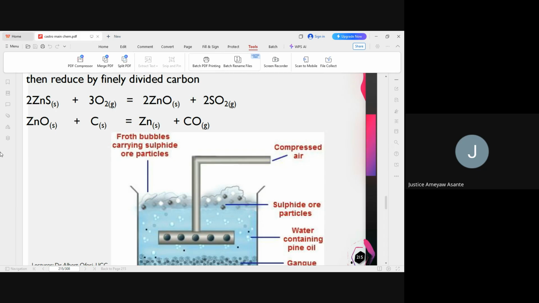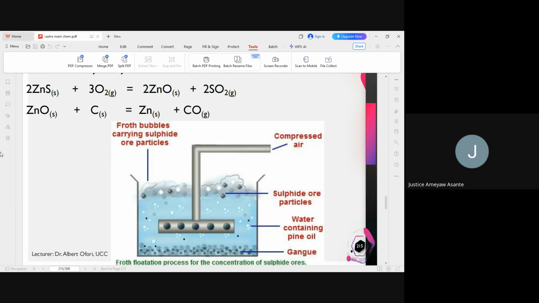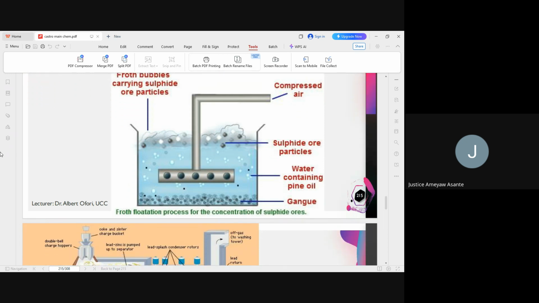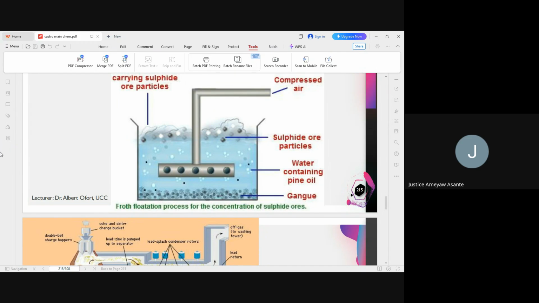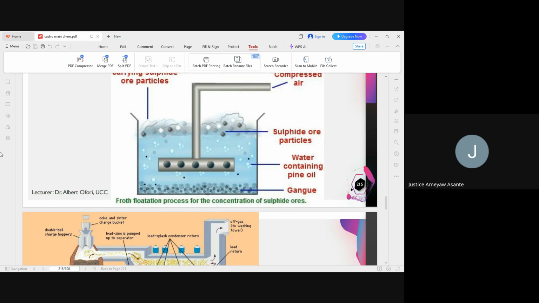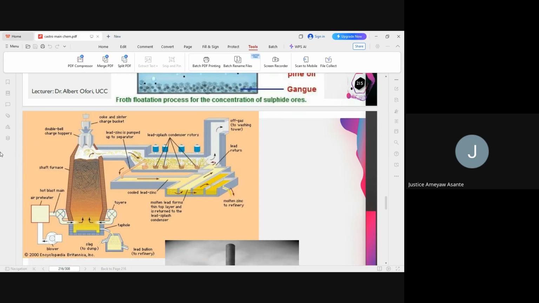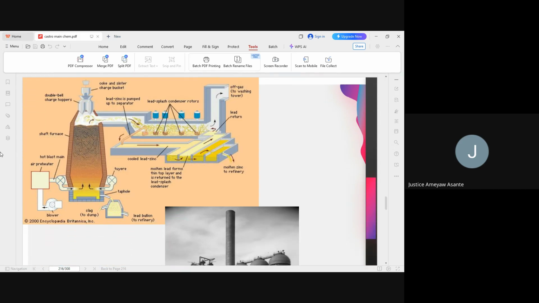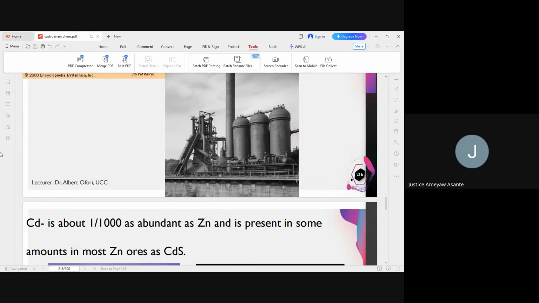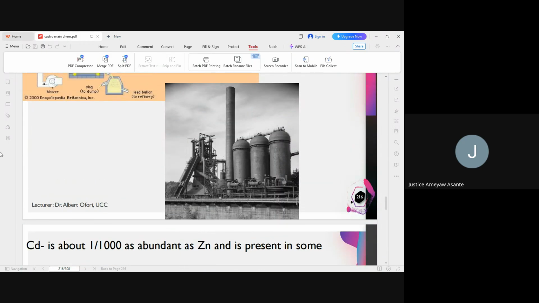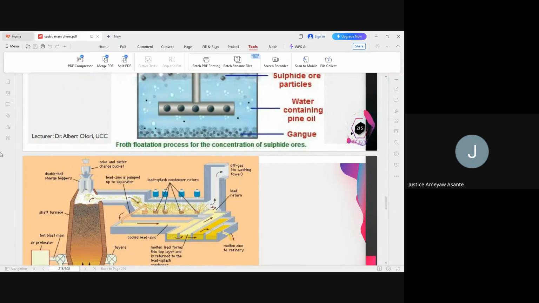Then zinc oxide, we combine it with carbon. We call it froth flotation, carrying sulfide ore particles. And this side, it's like compressed air, sulfide ore particles. Water containing pine oil when you have the gas. So this is how it is done, simplified as this.